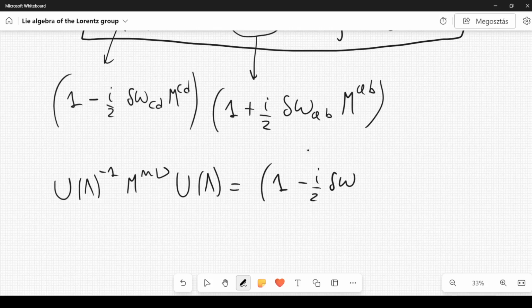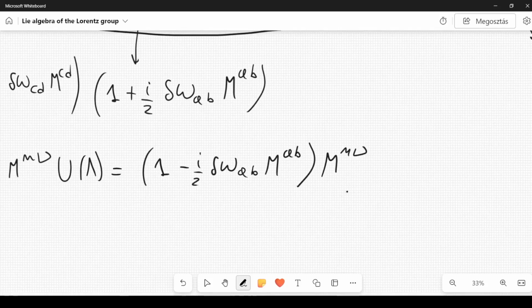So you don't have to mix them, because otherwise you would be summing over mixed quantities, which is not correct. You have to sum only over this and only over this. So we have the usual rules for tensors: delta omega AB M AB, then we have M mu nu, and then we have the identity plus i over 2 delta omega CD M CD.